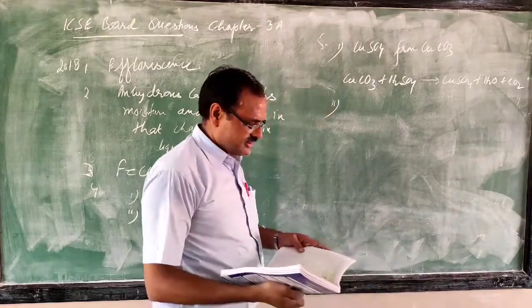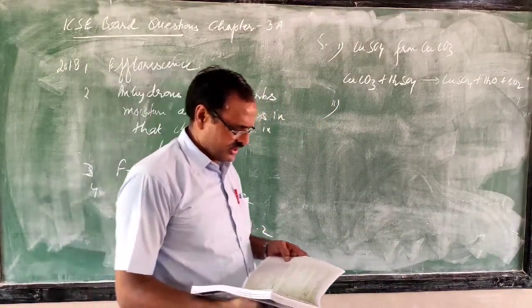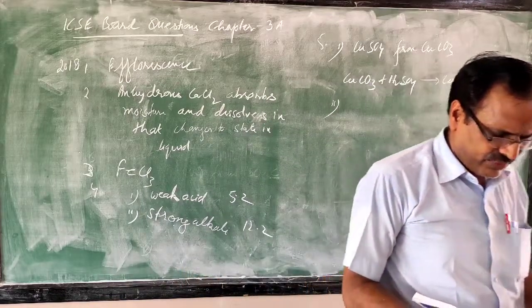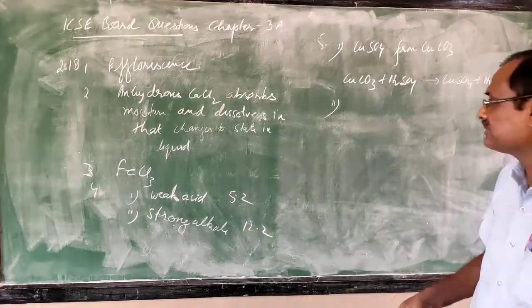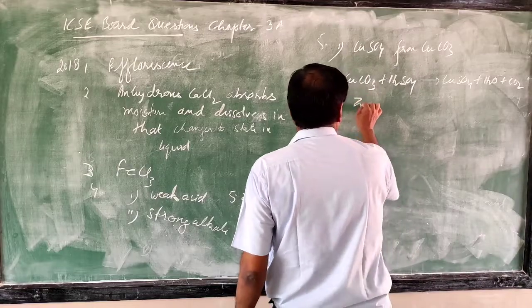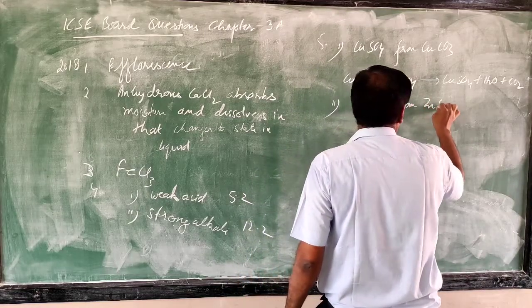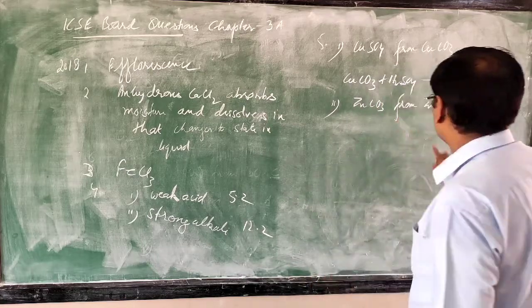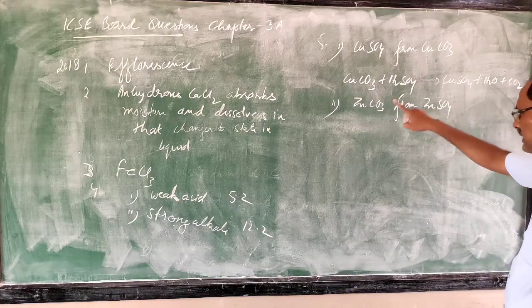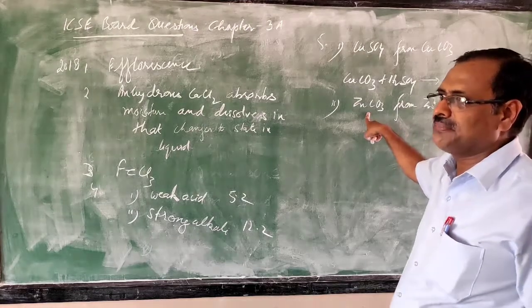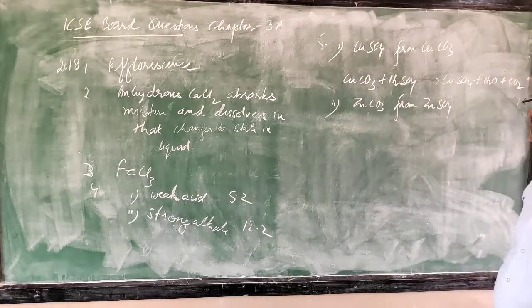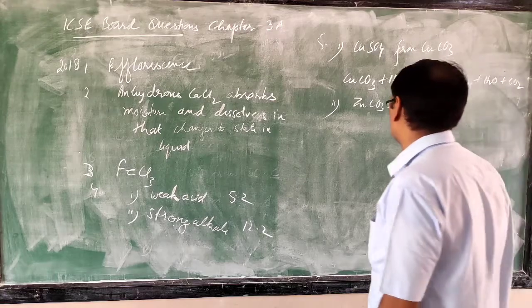Now the second conversion, zinc carbonate from zinc sulfate. That is soluble, this is insoluble. So one step will be required. You can apply precipitation by double decomposition.